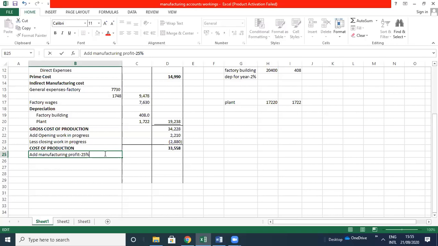That during the year ended 31st, 16,777 handbags were transferred to the warehouse at a cost of 2,400. And therefore, with that, we should be able to know what we are calling the transfer price.